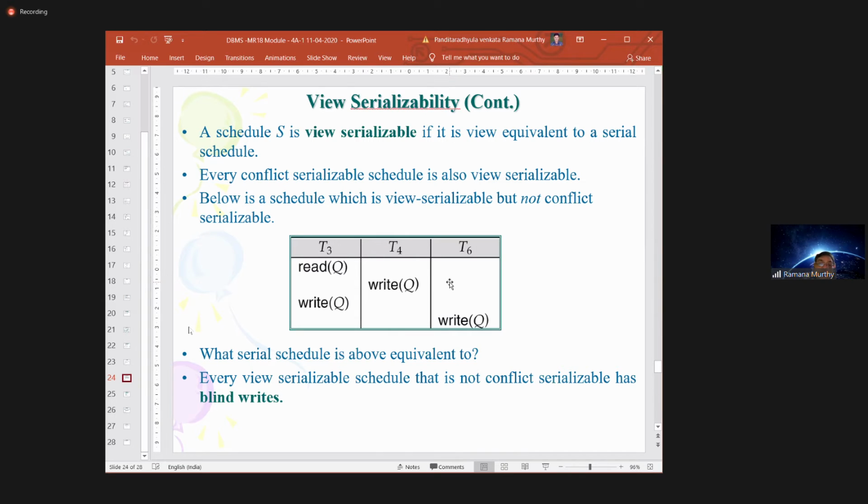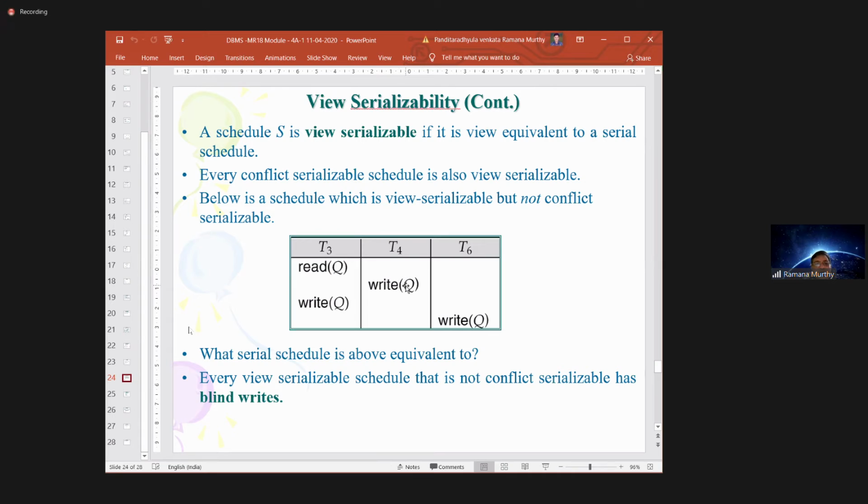But be careful. Every view serializable is not going to be a conflict serializable. Okay. Below is the schedule which is view serializable but not conflict serializable. As I said, whoever is whatever the modified value other is reading, you can read.